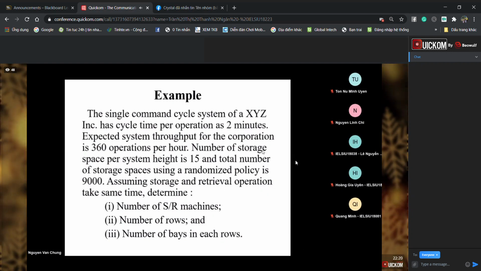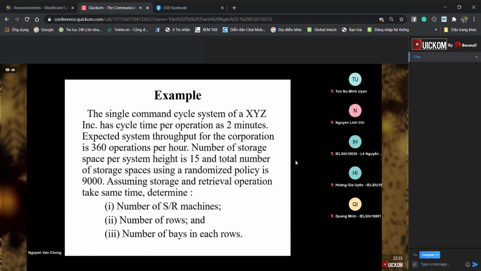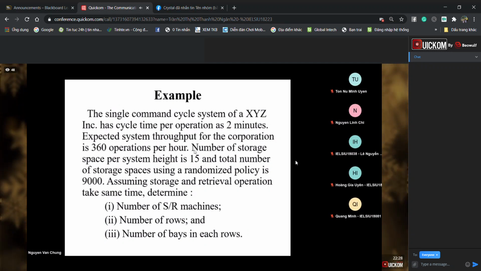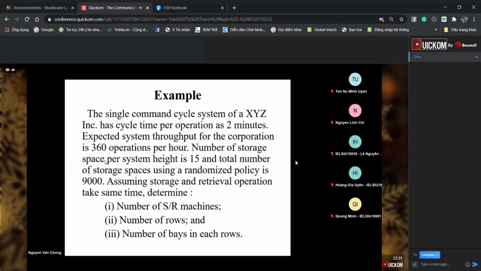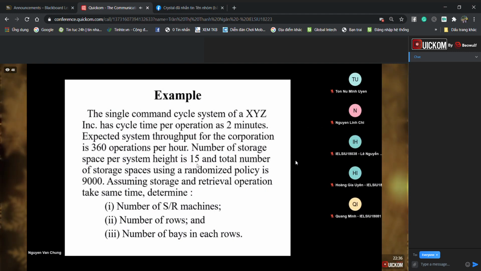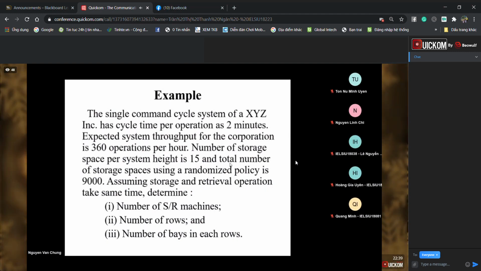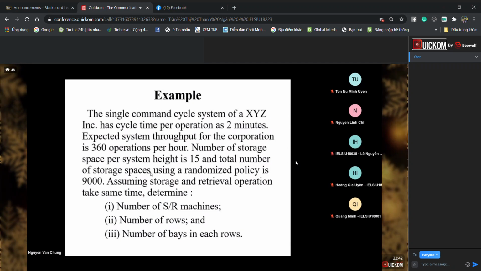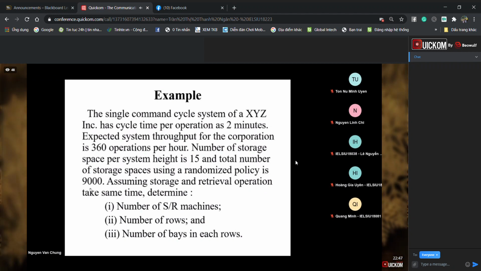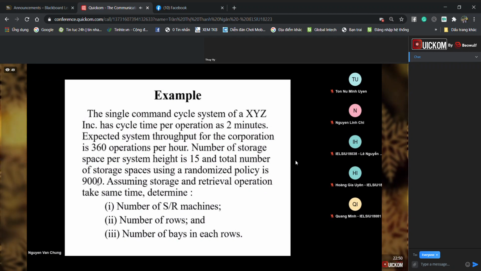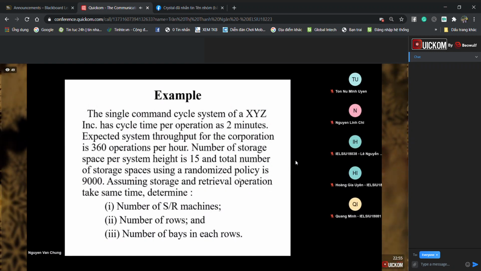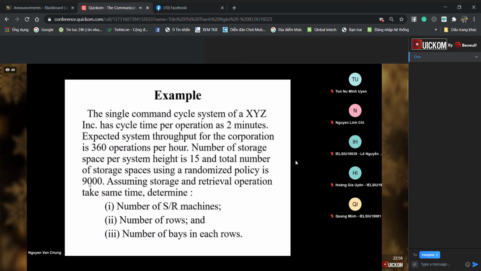The number of storage spaces per system time is 15. And the total number of storage spaces using randomized policies is 9,000.